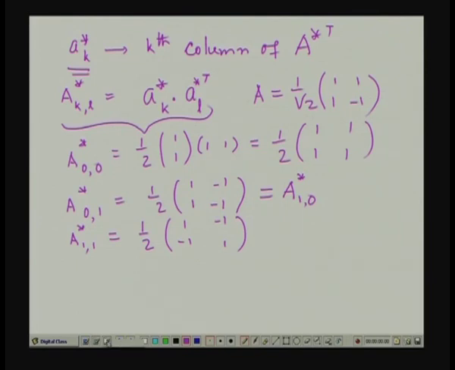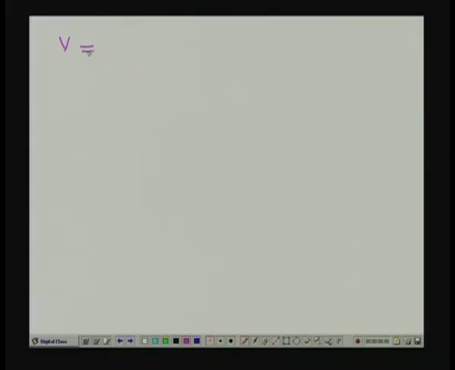Now, to see the result of inverse transformation, you remember the transformation coefficient matrix V we had obtained as 5, minus 1, minus 2 and 0.